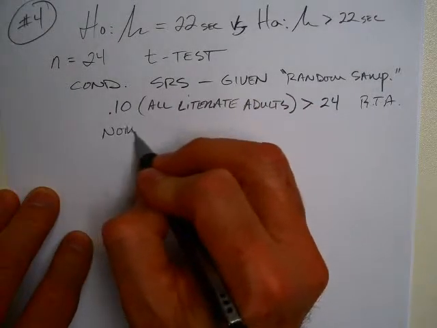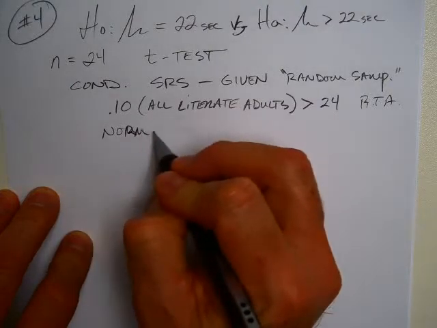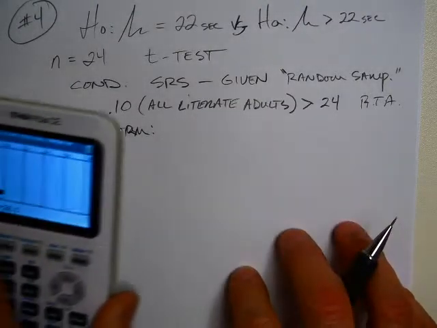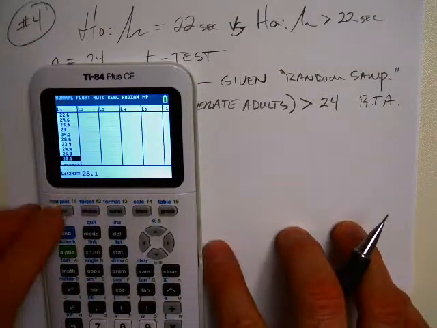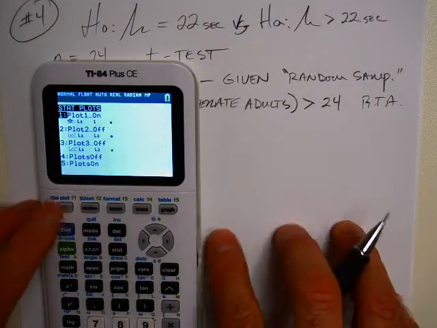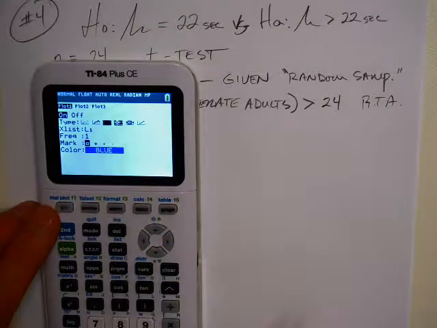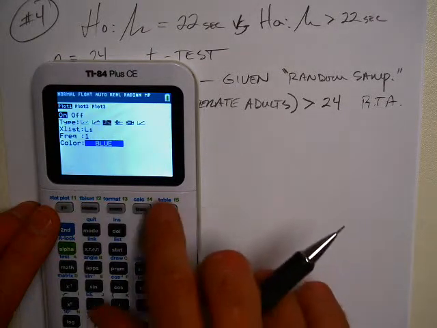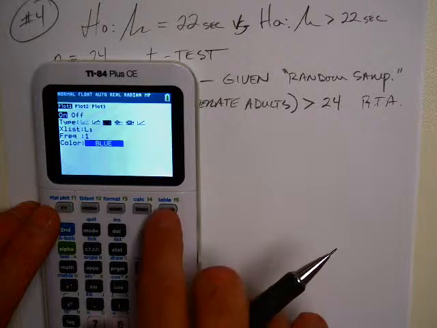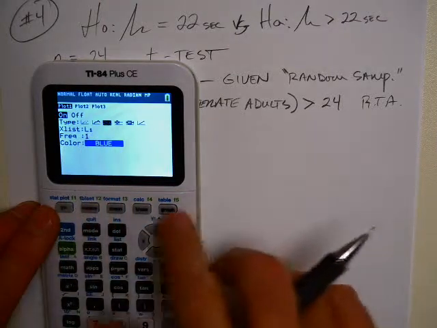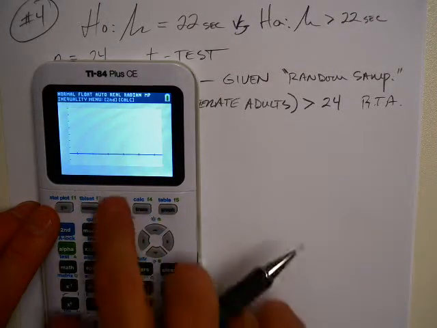Well, that's where we have to get the graph out. So I'm going to graph the data and see. I'm looking to make sure there's no crazy skews and no crazy outliers. So I'm going to use my histogram first.